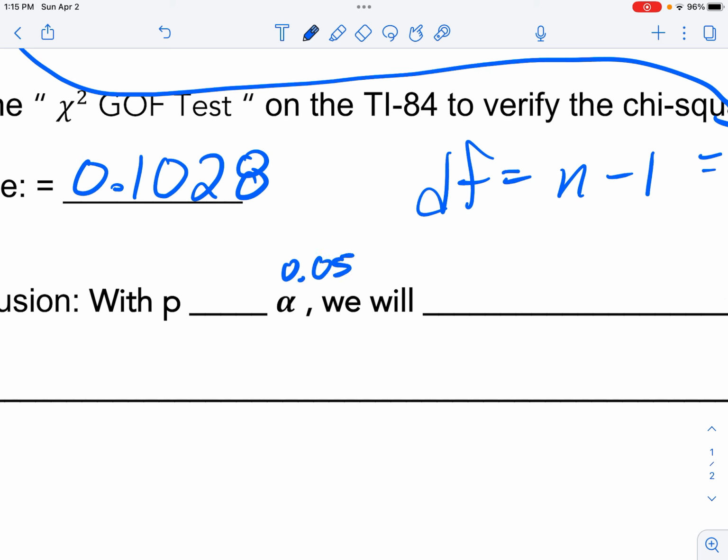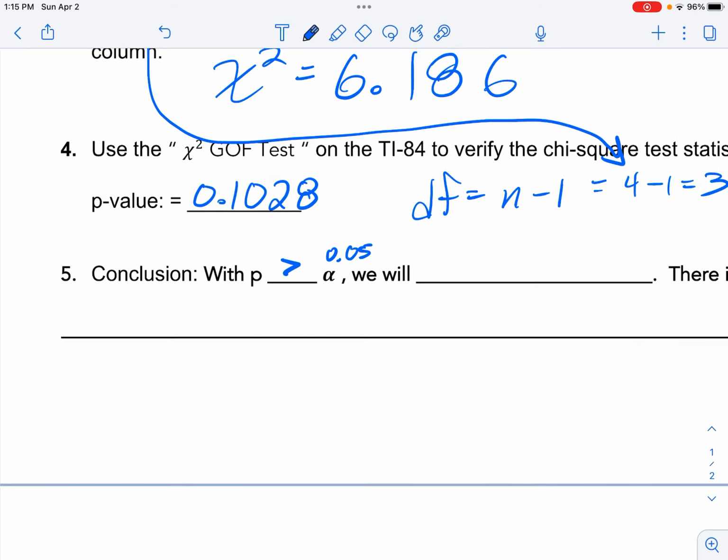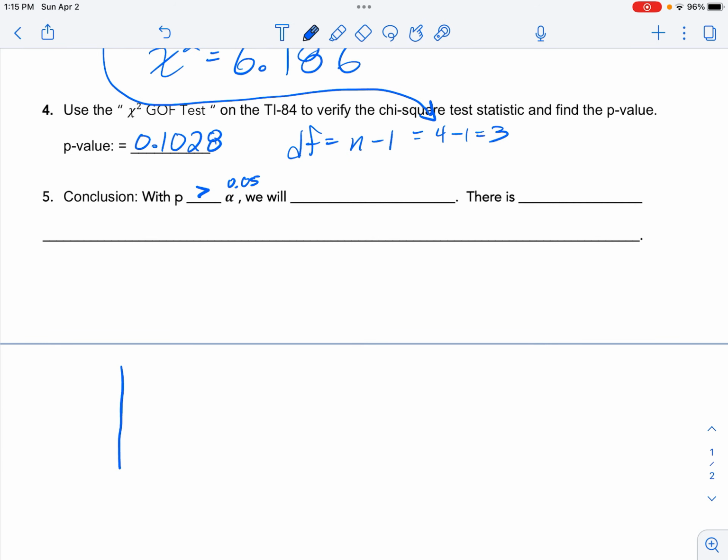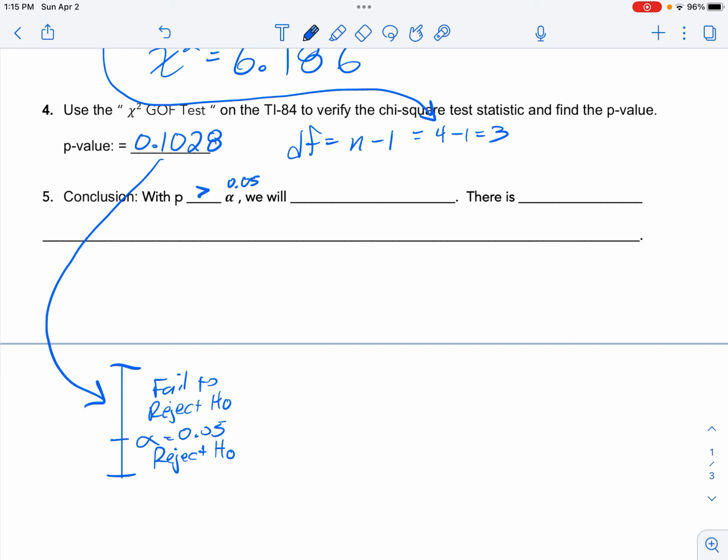But 0.10 is greater than 0.05, right? So what do we do over and over again? Our little chart here. Here's alpha. Above alpha, we fail to reject the null. And down here, we reject the null, right? And 0.10 is up here, so we will fail to reject the null.